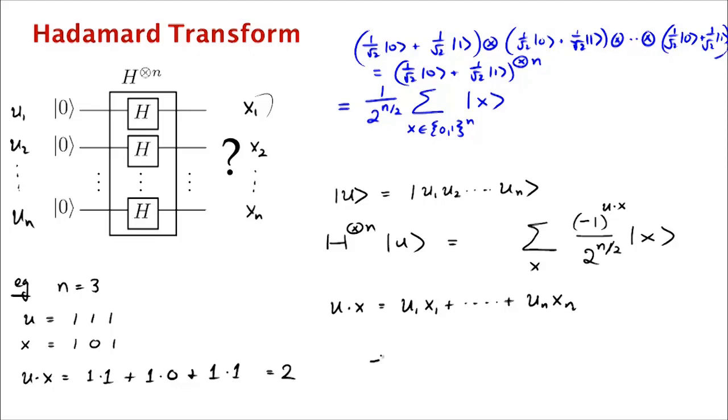And so minus 1 to the u dot x divided by 2 to the n over 2 would be minus 1 to the 2 divided by 2 to the 3 over 2, which is 1 over 2 to the 3 over 2. So that would be the amplitude of x if you start with the input being 1, 1, 1.